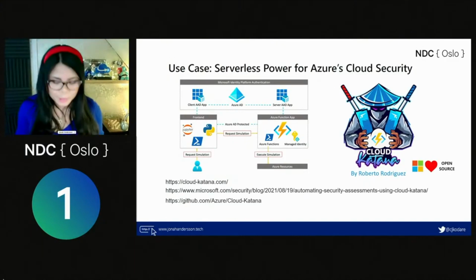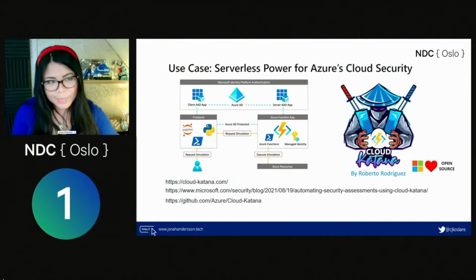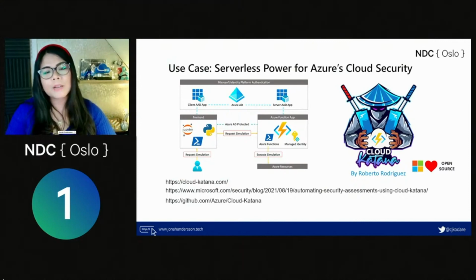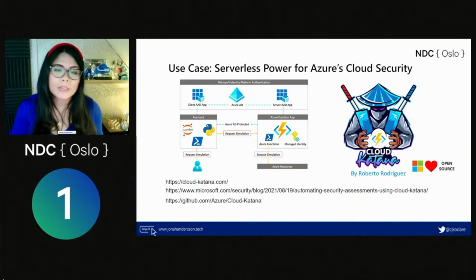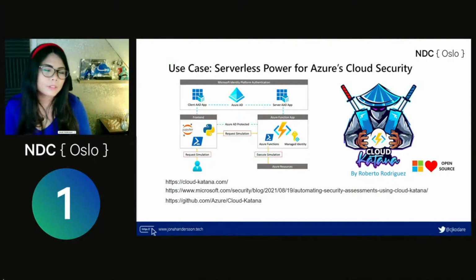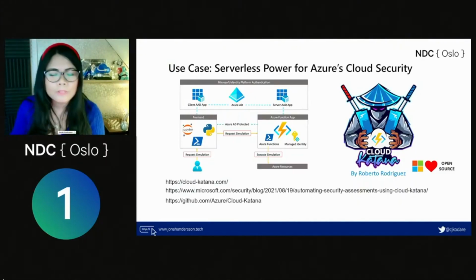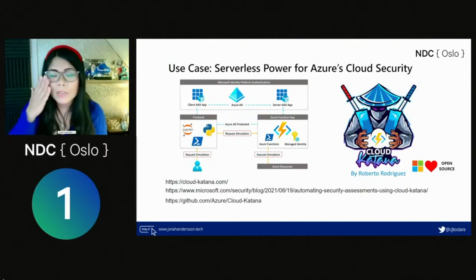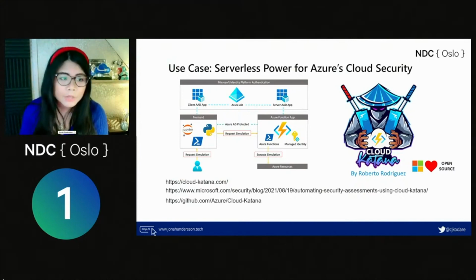So I want to share with you, since we talked about security and our keynote this morning was about security, it was a really great one. I learned a lot from it. I also want to share about Cloud Katana by Roberto Rodriguez, that I personally assisted and volunteered to brainstorm about using durable functions for security in Azure.